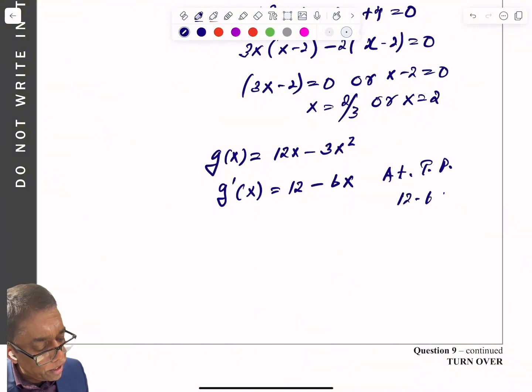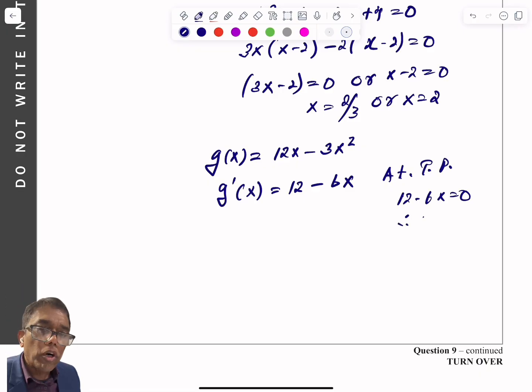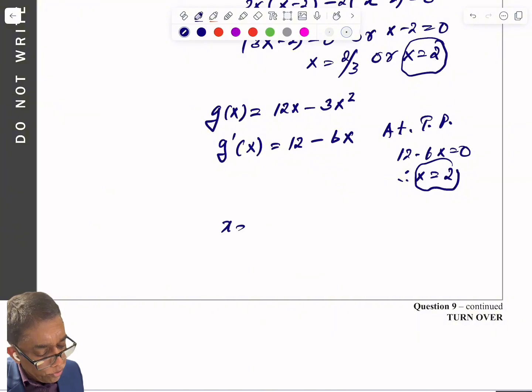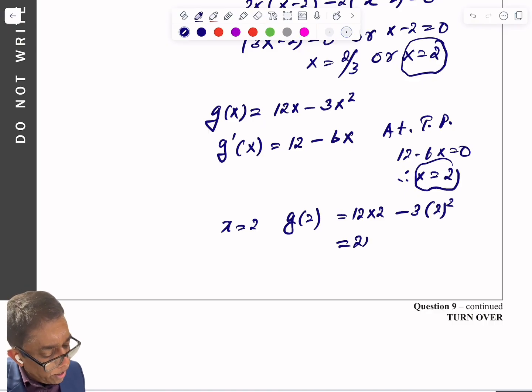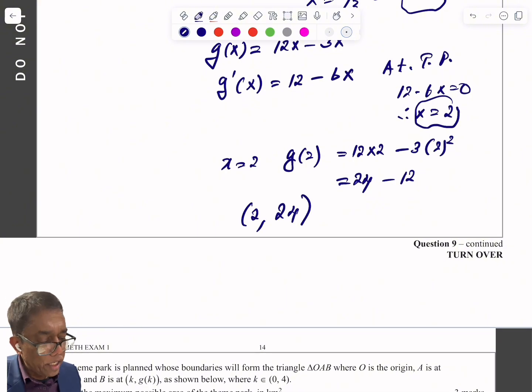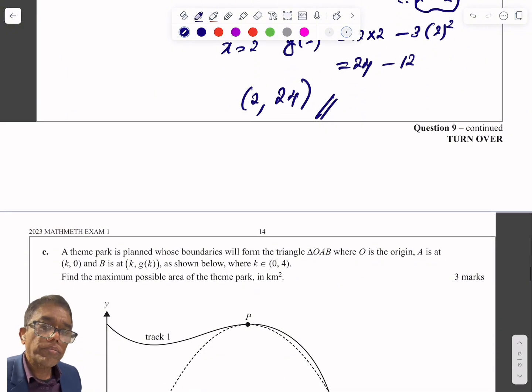Now we know that x is equal to 2 for both of them, so both had the turning point at x equal to 2. What is g(2)? 12 times 2 minus 3 times 2 squared, 24 minus 12. The turning point is (2, 12). This is the coordinate of the turning point.